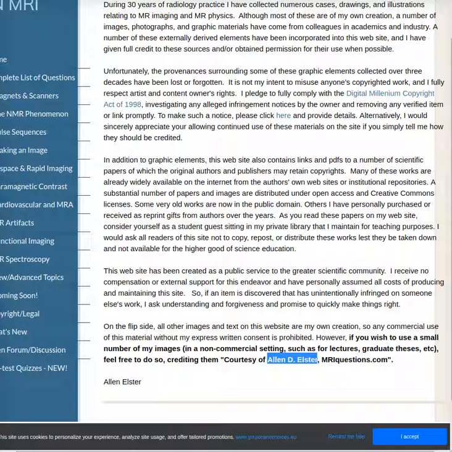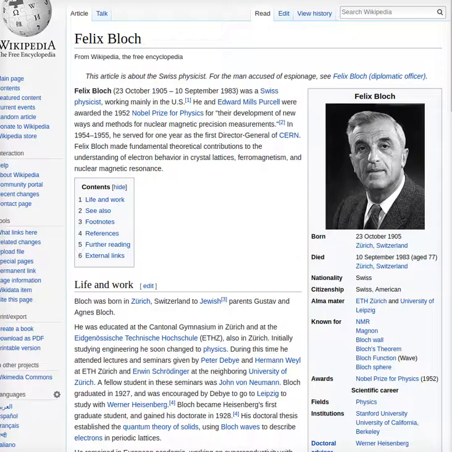So Bloch is the last name of this guy right here, Felix Bloch, who came up with a set of equations that can be used to describe MRI. And so this Bloch Simulator is named in his honor and uses the equations that he has proposed to simulate the MRIs. So I will leave you at that, and looking forward to seeing you in the next video.